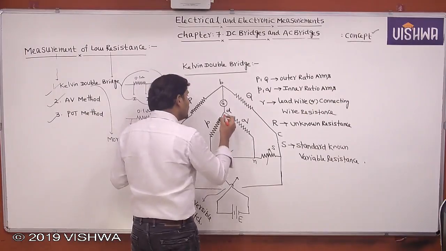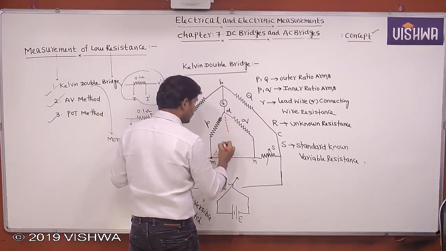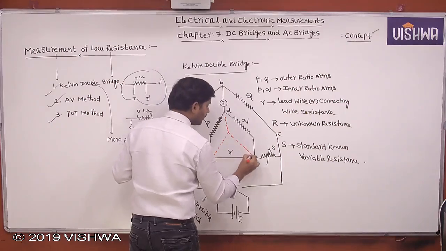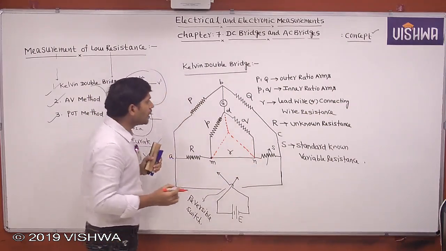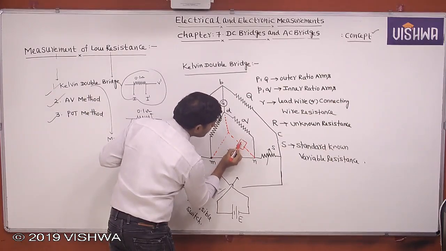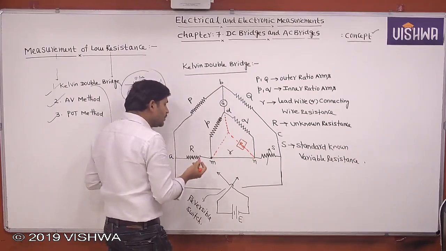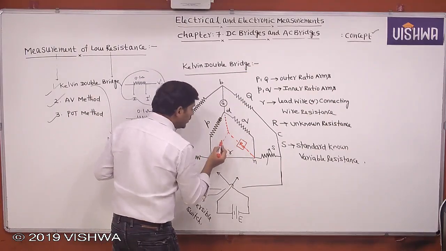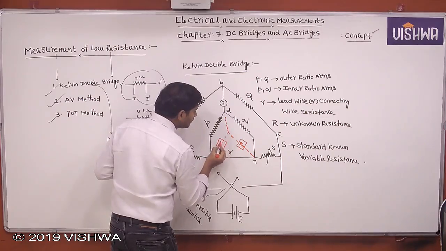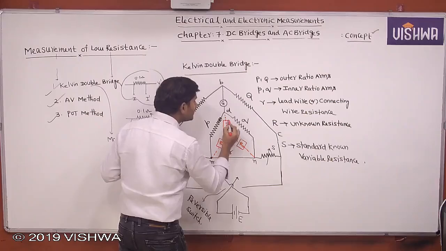Convert this delta to star. Opposite to N, take Rn. Opposite to M, take Rm. Opposite to D, take Rd.